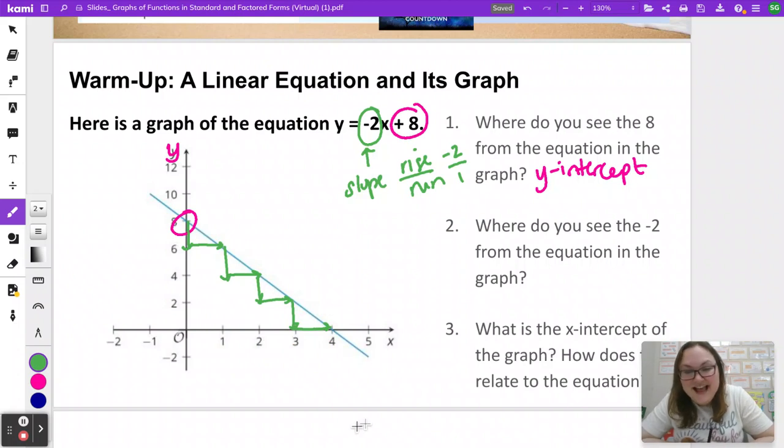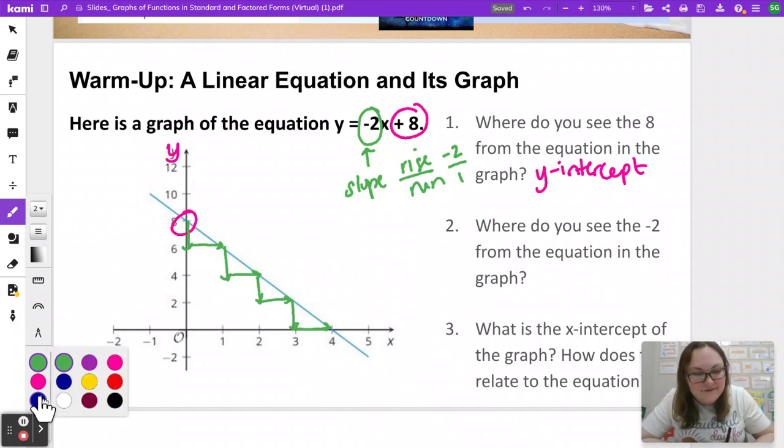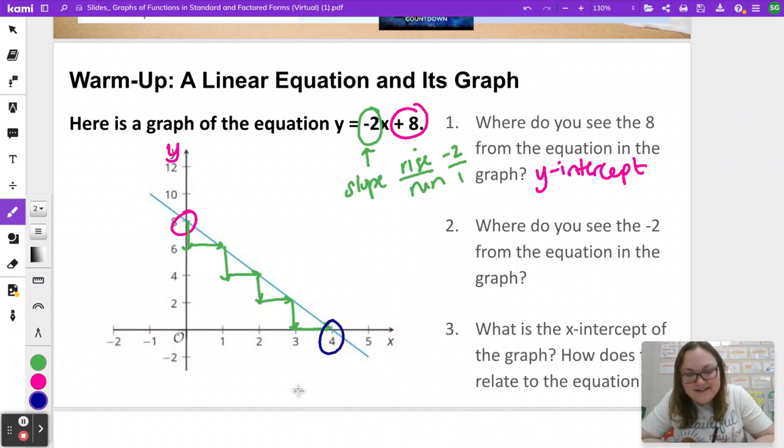which is what number 3 asks about: what is the x-intercept of the graph? The x-intercept of the graph is right here at the number 4. And so our x-intercept, I'm going to write it as a point. It's at (4, 0). And how does that relate to this equation? Well, we know x-intercepts are where, even if I didn't see this number, the point has a 0 for the y-coordinate.